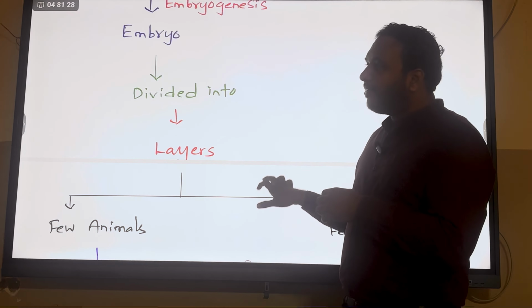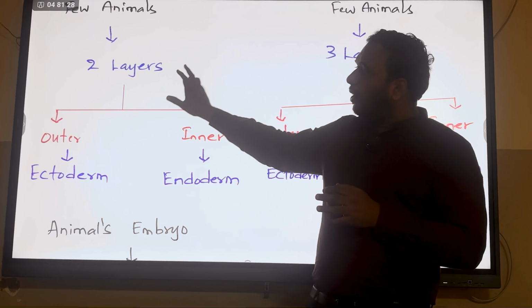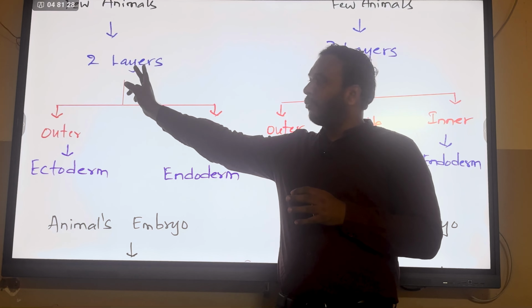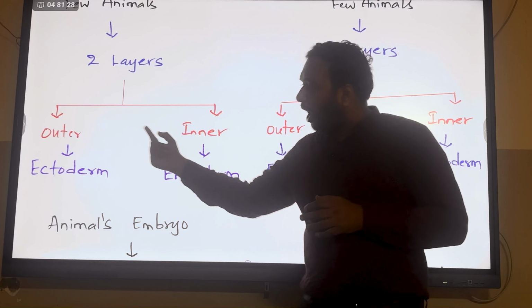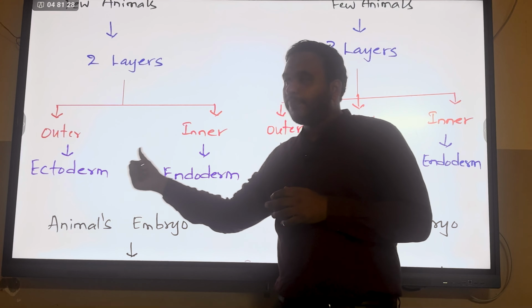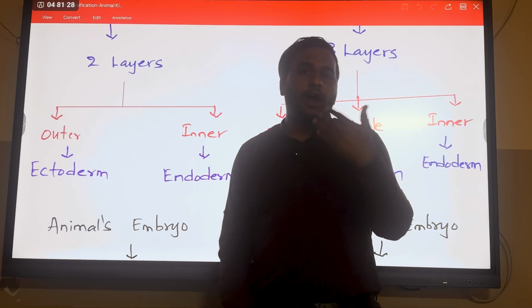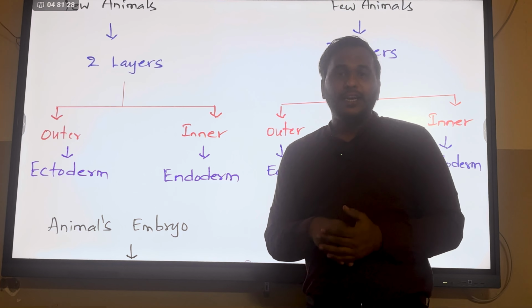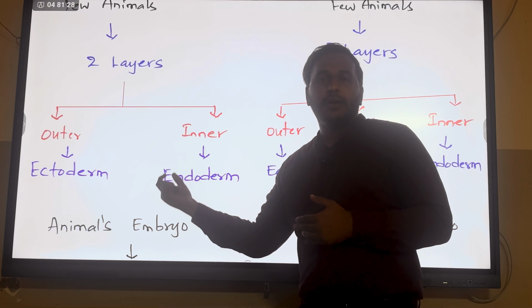Now let us understand, a few animals will have two embryonic layers. One is the outer layer and the other one is the inner layer. The outer layer is called ectoderm, the inner layer is called endoderm. Ecto stands for outer, endo stands for inner. Derma means layer.